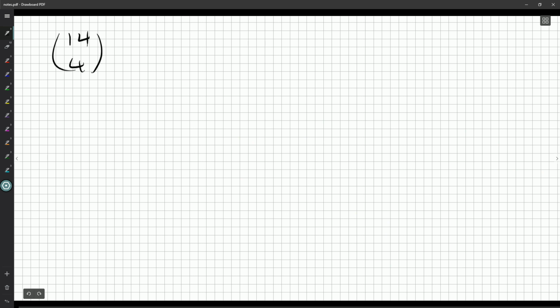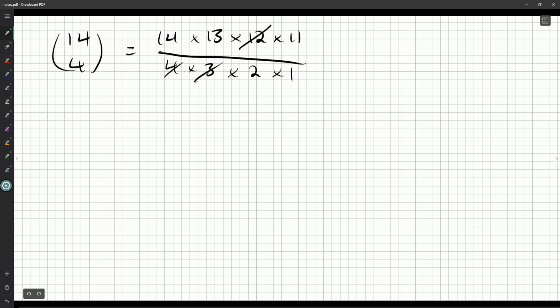How do you calculate that? 14 times 13 times 12 times 11 divided by 4 times 3 times 2 times 1. The 4 and the 3 will cancel out with the 12. The 2 and the 14 will cancel out, and no one really cares about dividing by 1, so we'll be left with a 7 up here times 13 times 11.